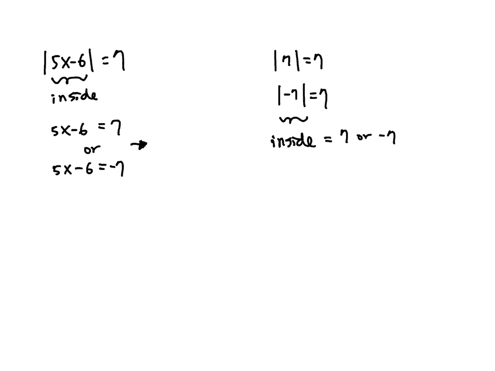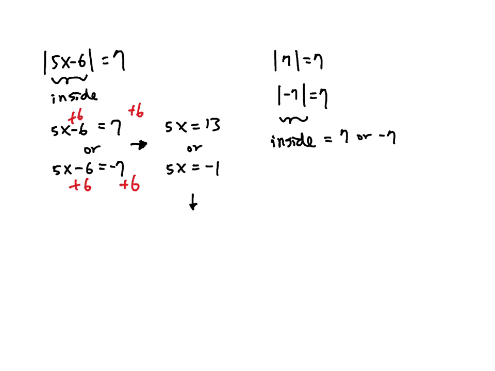So once we realize that, the problem is pretty straightforward. The method is exactly the same. We're going to add 6 to both sides. So I have 5x equals 13 or 5x equals negative 1. From here, pretty straightforward.